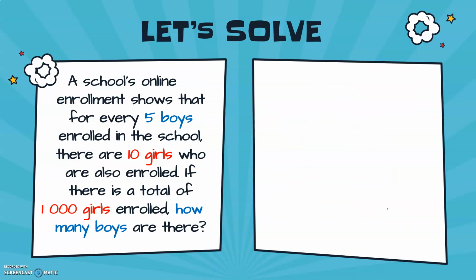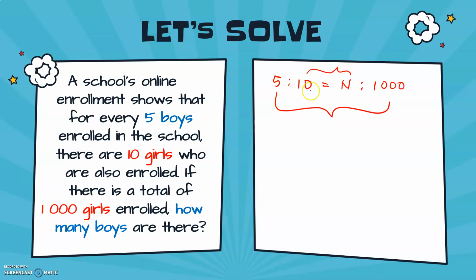Now let's solve. Let us use the first proportion we formulated earlier, and that is 5 is to 10 equals n is to 1000. So using the key concept you just learned earlier, we will multiply the extremes and the means.